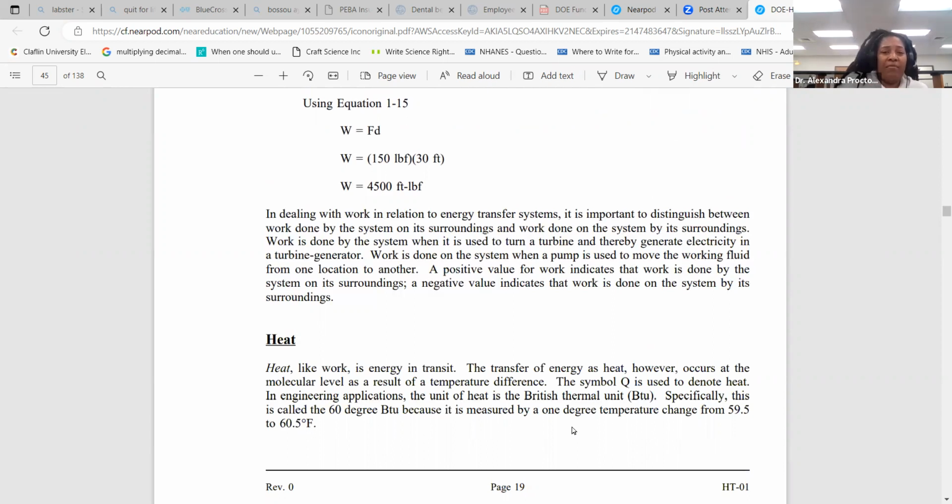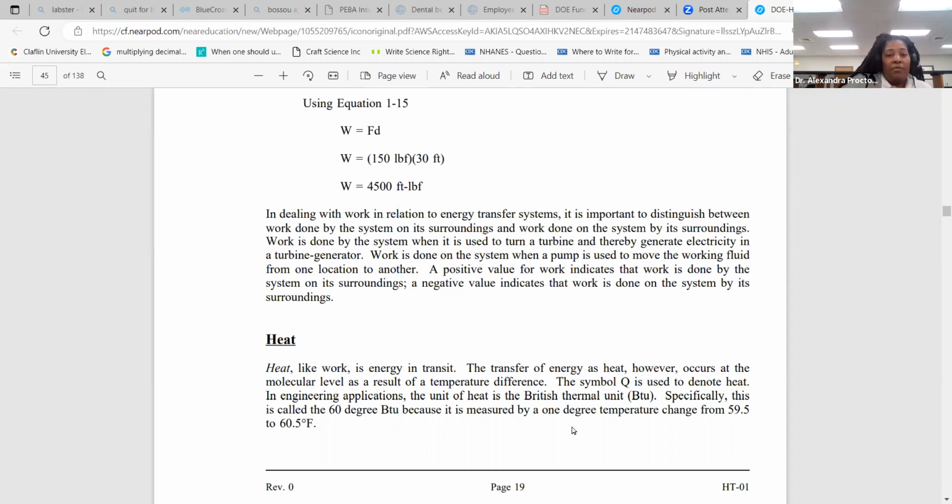In dealing with work in relation to energy transfer systems, it's important to distinguish between work done by a system on its surroundings and work done on a system by its surroundings. Work is done by the system when it's used to turn this turbine to generate electricity in this turbine generator system.